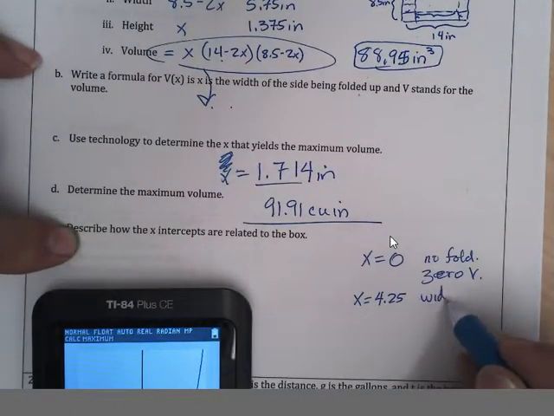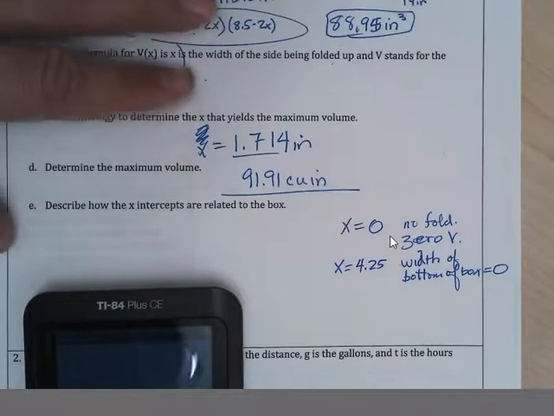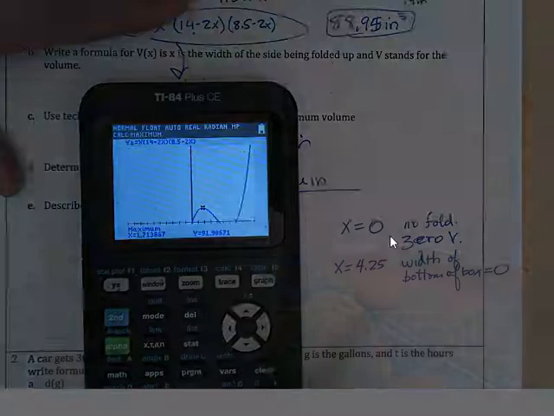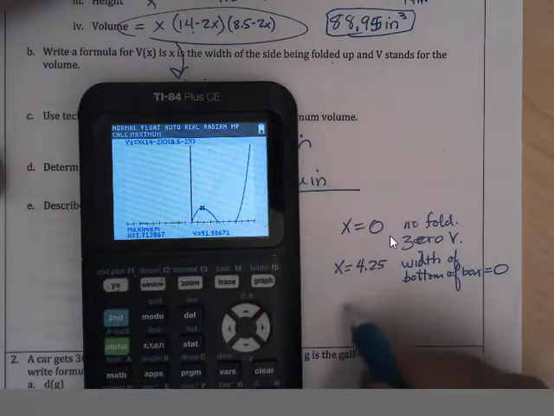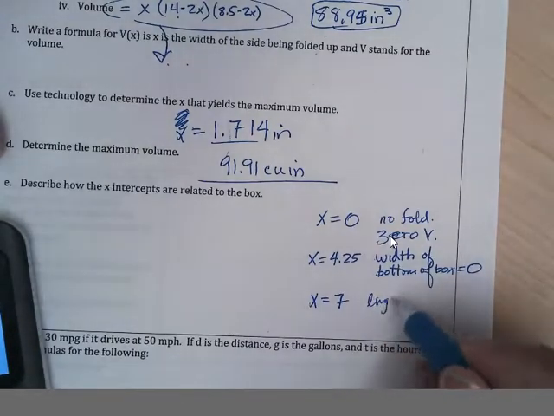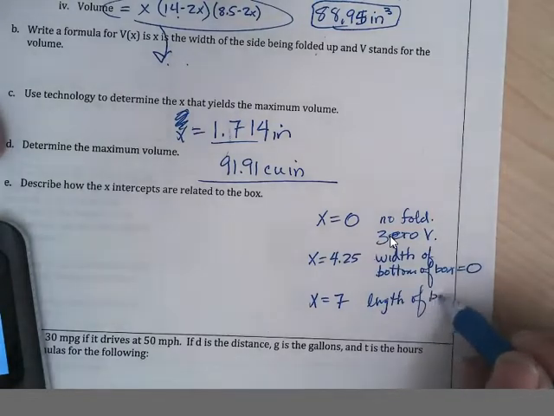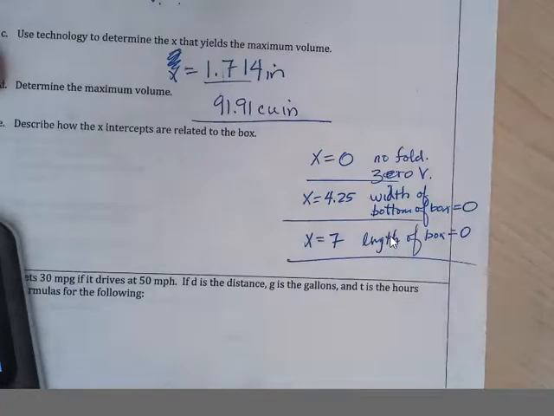Width of bottom of box equals 0. And the last intercept there is at 1, 2, 3, 4, 5, 6, 7. And that would be when, if we take 7 out of this side and 7, that makes the length of the box 0. So that's what they each have to do with this problem.